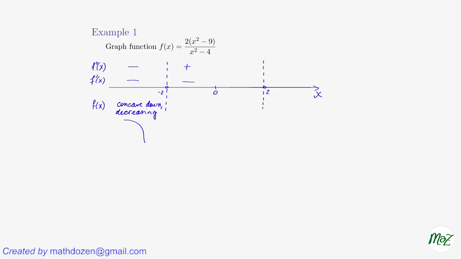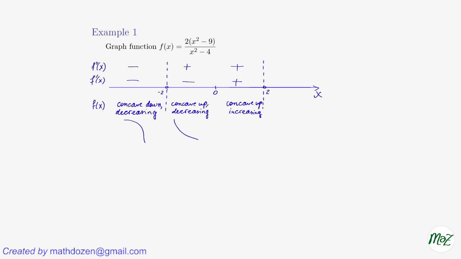Likewise, between -2 and 0, the first derivative is negative and the second derivative is positive, so the function should be concave up and decreasing. And that makes it into this piece of the graph, so it should be concave up but decreasing, so it's the left side of the U-shape. Then between 0 and +2, both first and second derivative are positive, so it should be concave up and increasing function.